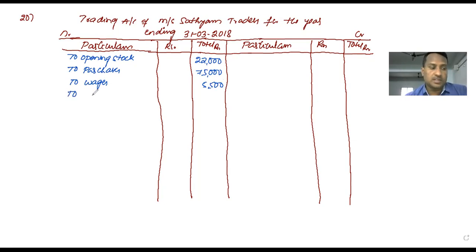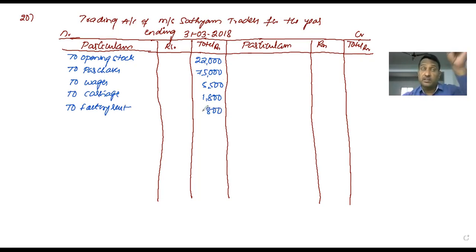After the wages, carriage. Carriage or carriage on purchases, both give the same meaning, 1,800. Next, factory rent, 800. So this is the trading account information.